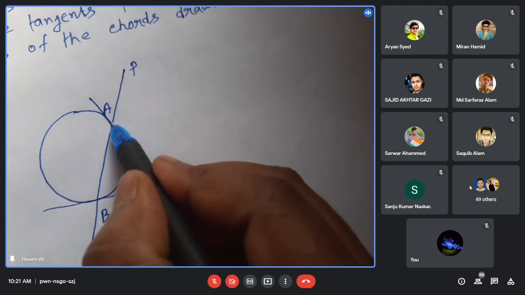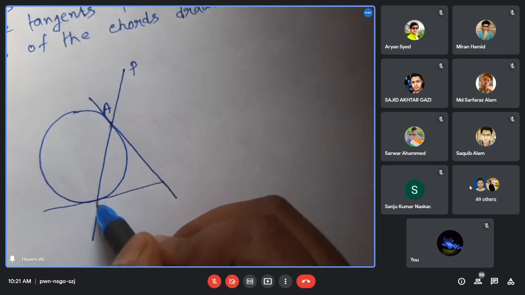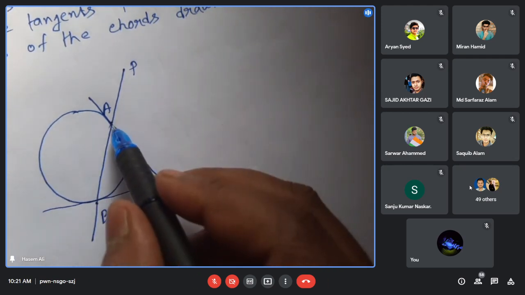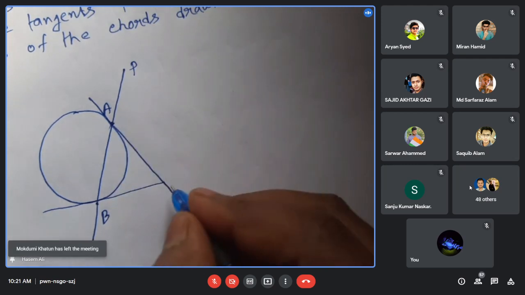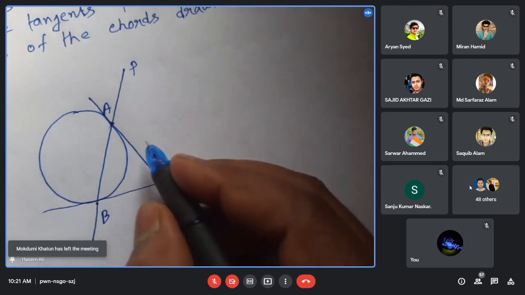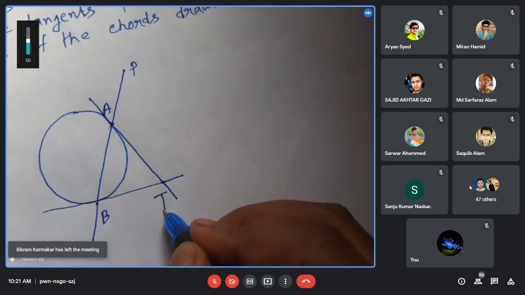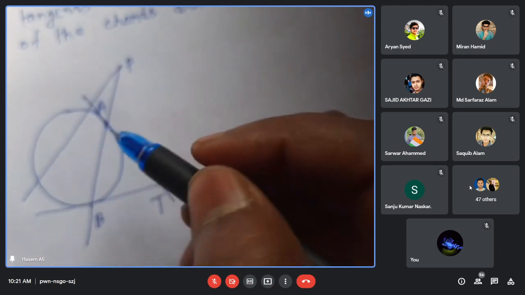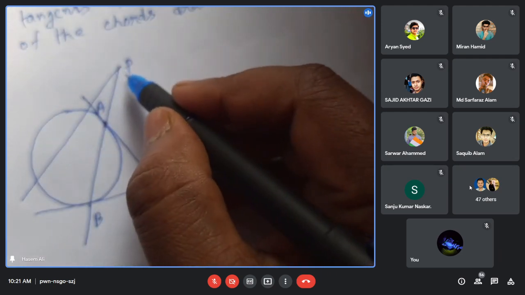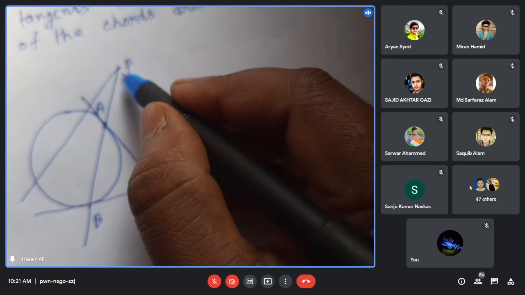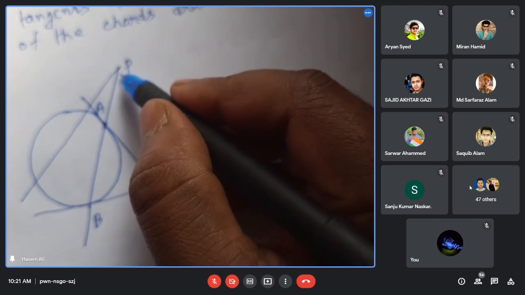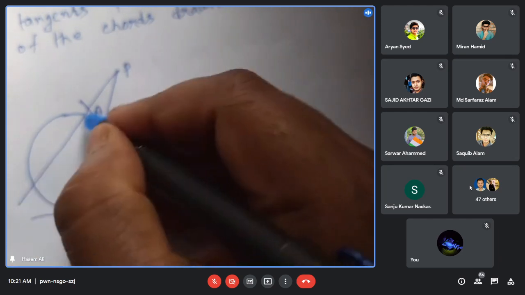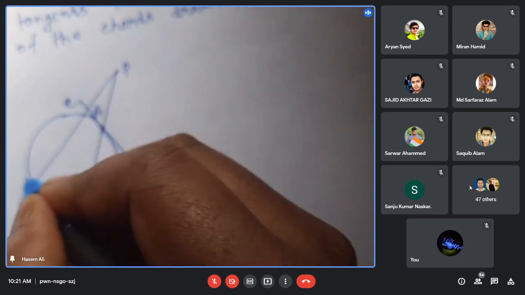These points are called the extremities. Now let these tangents meet at the point T. Now if we draw another chord through the point P, the point P is fixed, this is our point C and this is D.